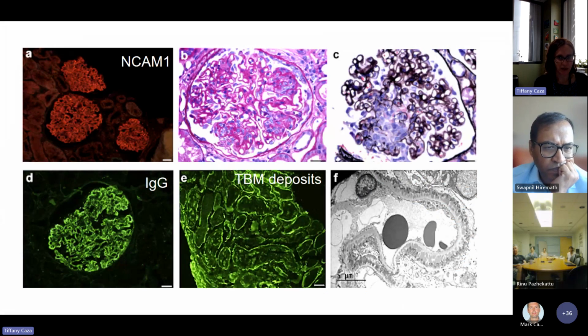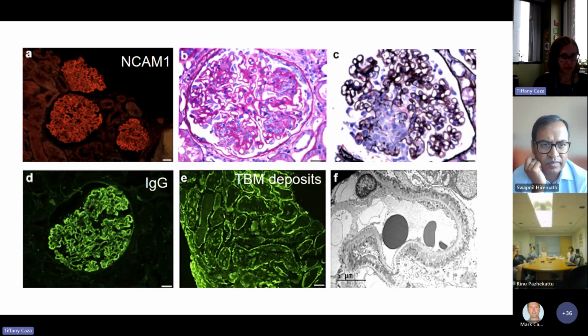Here's a case of NCAM1 associated lupus nephritis. Having proliferative changes, for which you have either a focal or diffuse lupus nephritis in addition to membranous lupus nephritis, is pretty common. And here's some endocapillary hypercellularity and crescents. This can occur in about 1/4 of cases where you'll have a concurrent proliferative component.